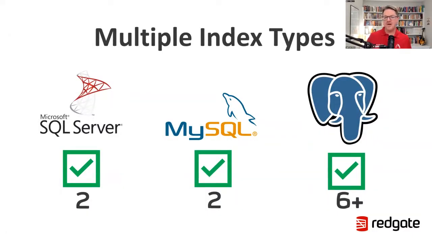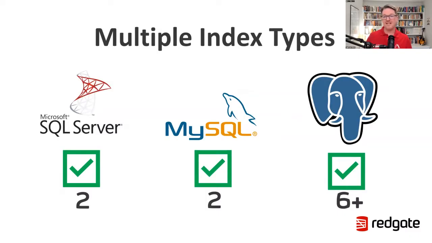Now, Postgres also, among these three major databases, in SQL Server I say two here. That might be, especially with SQL Server 2022, there's some new additions coming that might allow you to talk about indexes a little differently. But out of the box, Postgres comes with at least 6 different index types. We don't just have B-tree, but we also have things like a hash index, and we have a geospatial index.